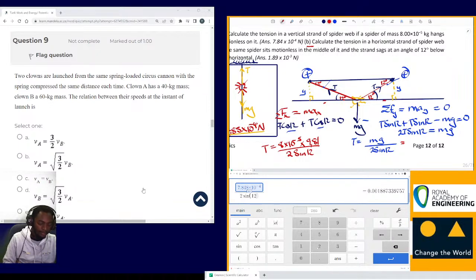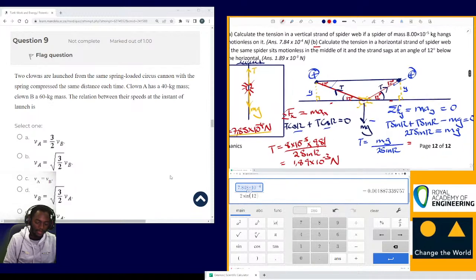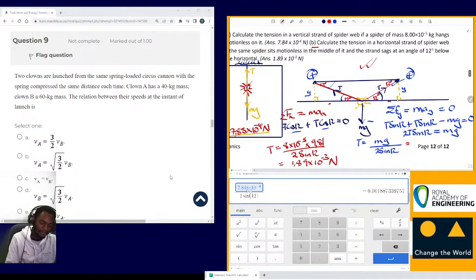If we put that in standard form, that will be 1.89 times 10 to the negative 3 newtons. That becomes our tension in this case. So that is what we are working towards. I guess that should be fine with you guys.